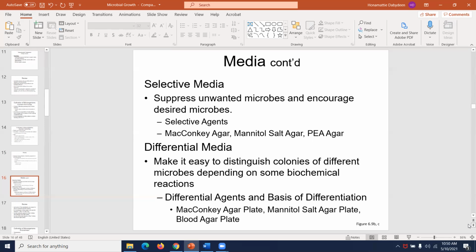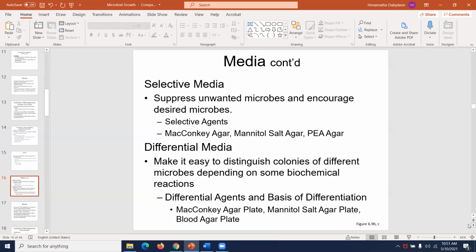Good examples are MacConkey agar, mannitol salt agar plates, and the PEA agar plate, where we have some added ingredients we call selective agents that will prevent one group of organisms from growing, but not prevent all of them. So we're actually selecting what we need to grow, and we call that selective media.